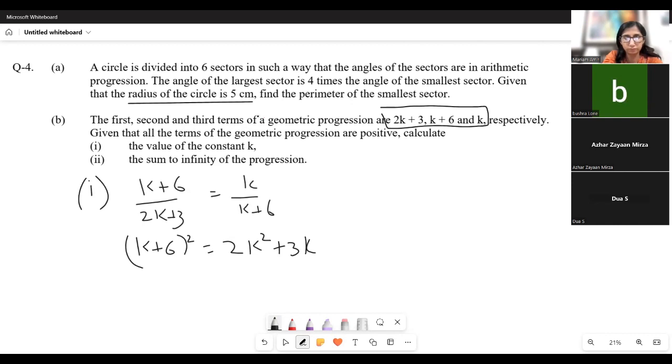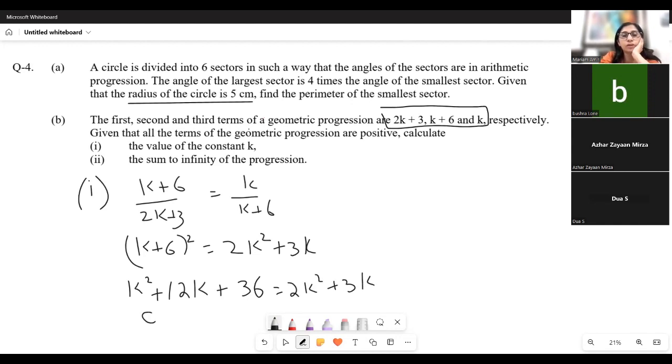K square plus 2ab, and it's not that difficult. 2a is k and b is 6, so 2 times k times 6, 12k, plus b square, 36. Yes, that's right, equals 2k square plus 3k.